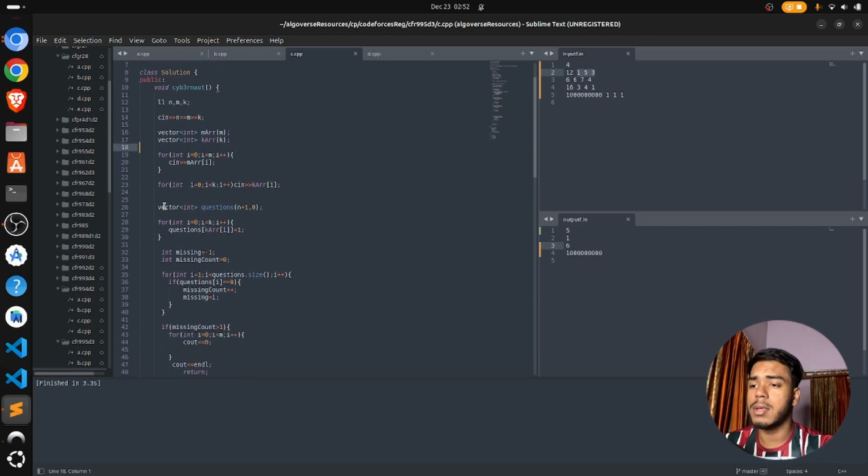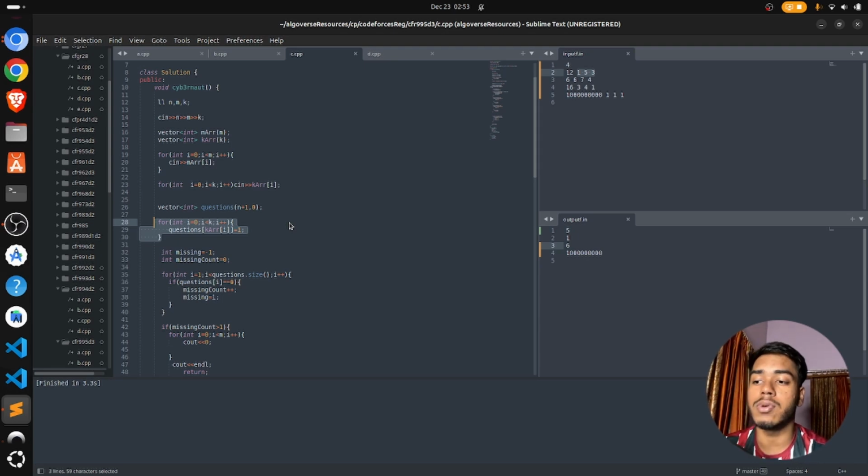Then I declared another array, questions, of size n plus 1 for one-based indexing. Then I iterate over k, the knowledge base of Monocarp, the questions that Monocarp can actually solve, and I mark those questions.